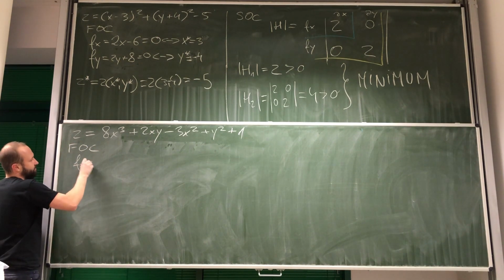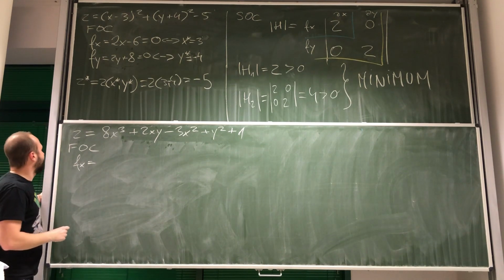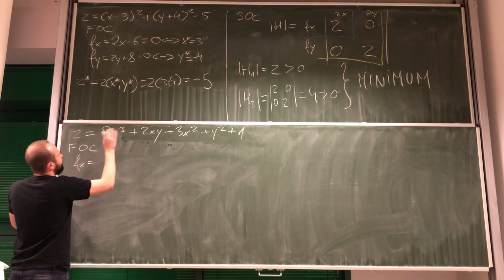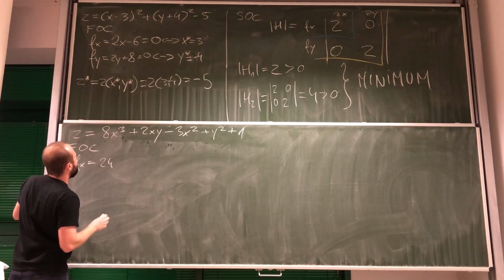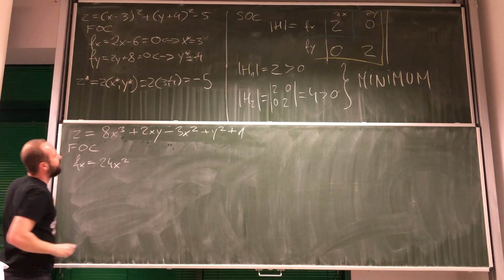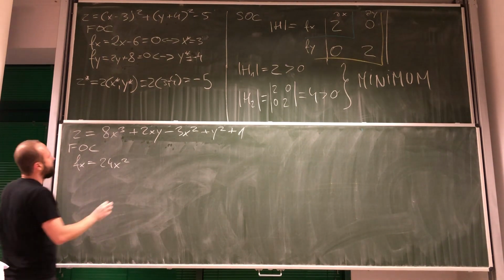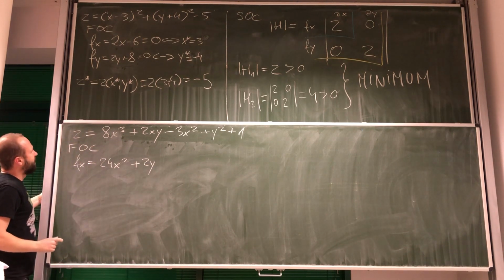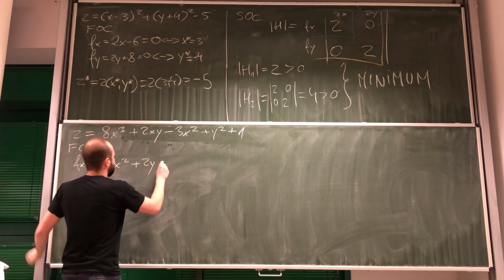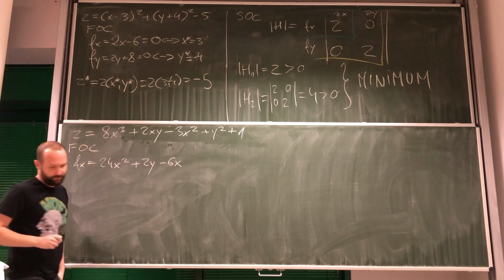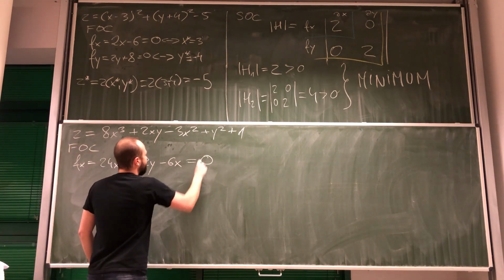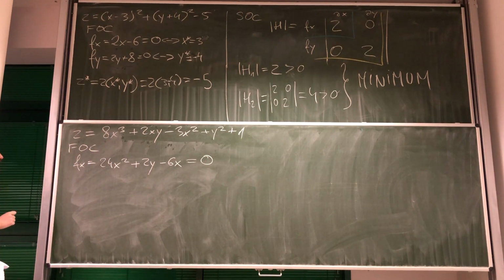So fx in this case is equal to 24x squared plus 2y minus 6x. Yes, and that's it. Okay, so we've got that, and we equalize it with 0.